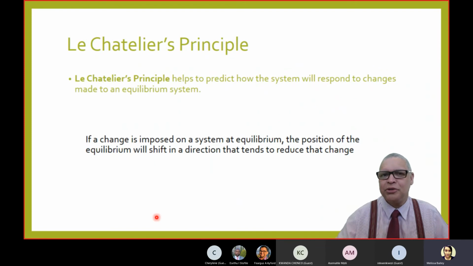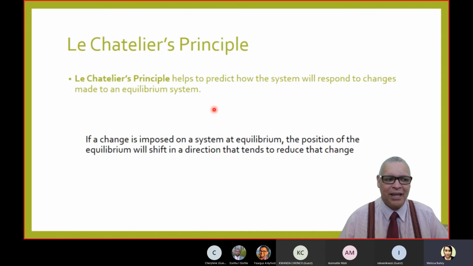How does Le Chatelier's principle play off in connection with chemical equilibrium? Well, if you notice the monitor, there we read, Le Chatelier's principle helps to predict how the system will respond to the changes made to an equilibrium system.